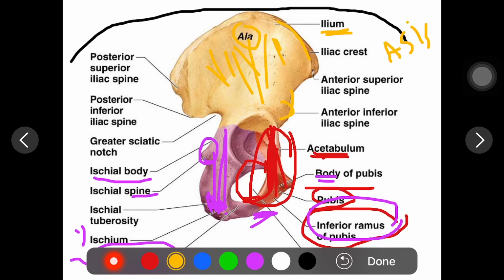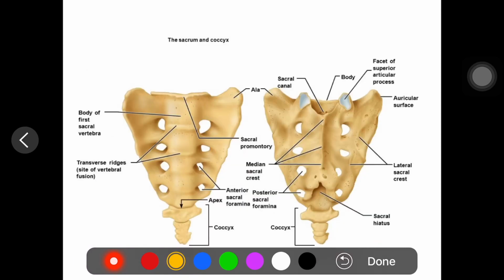On the other side, we have the posterior superior iliac spine, this part, and the posterior inferior iliac spine, this. In the end, the greater sciatic notch. This is all the parts you have to know about this large bone, which is formed from the ilium, ischium, and pubis.